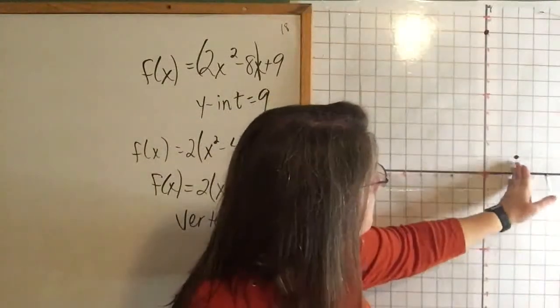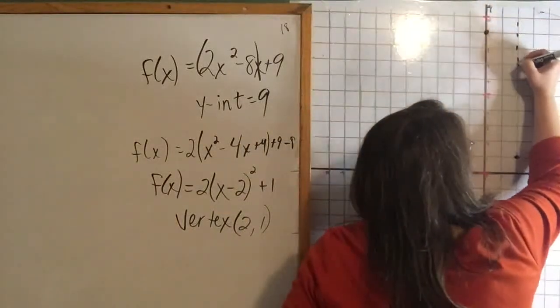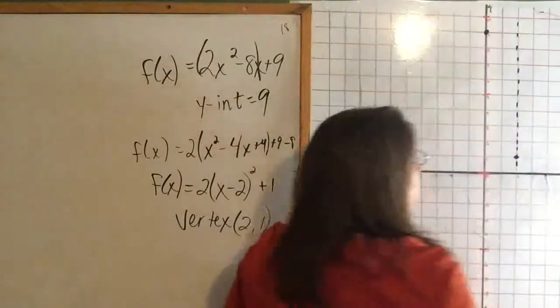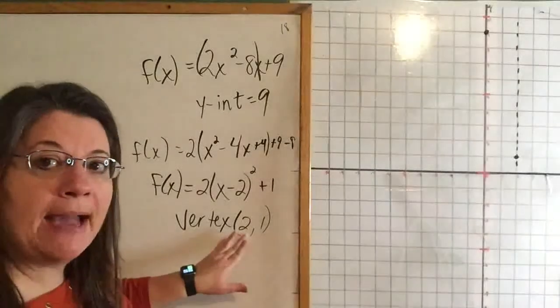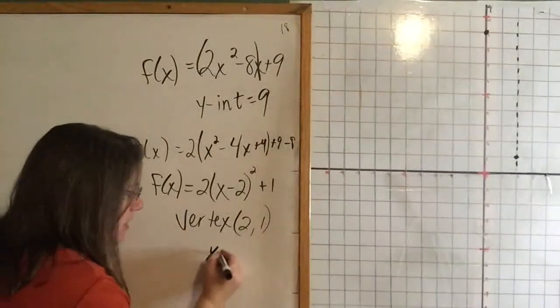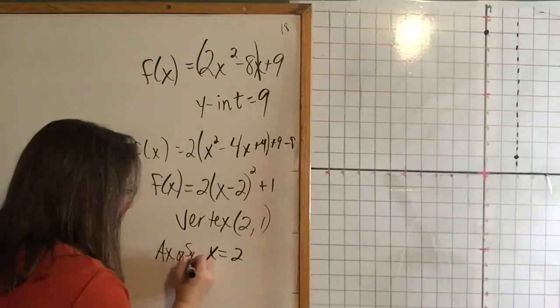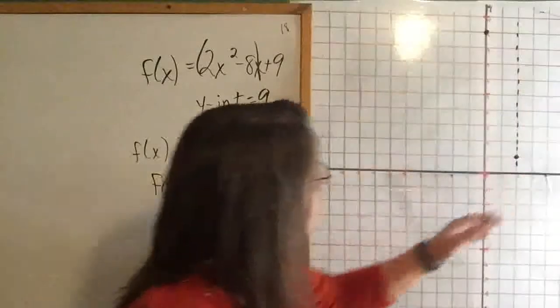So if this is the vertex, I also know that my axis of symmetry goes through the vertex. So if my vertex is 2, 1, my axis of symmetry is x equals 2. That might be something that they ask you for. So x equals 2 is my axis of symmetry.